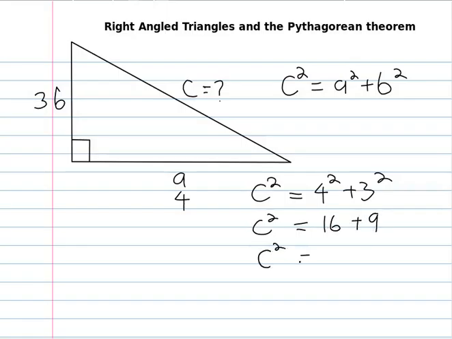C squared equals 25. To get C by itself, we take the root of both sides. So C equals 5 units. And now we know that C equals 5. And that's really all there is to the Pythagorean theorem.